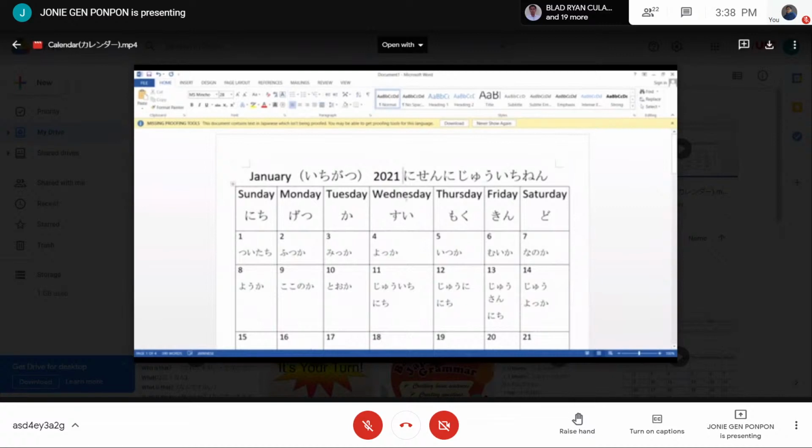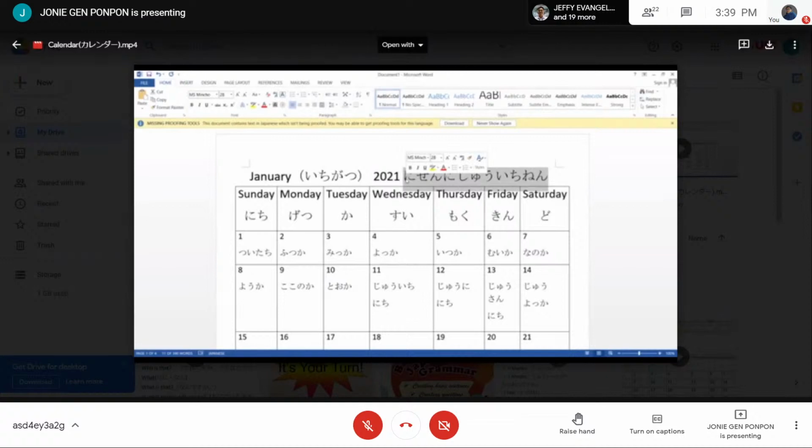So just translate the number of the year to Japanese. In this case, 2021 is Nisen Nijuichi, right? And then just add the suffix nen, then it will be understood as the year. So Nisen Nijuichi nen is for the year 2021.